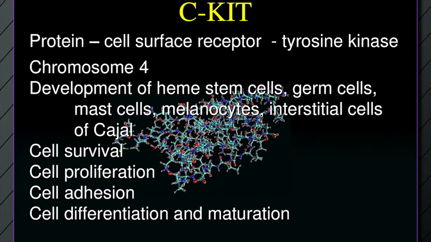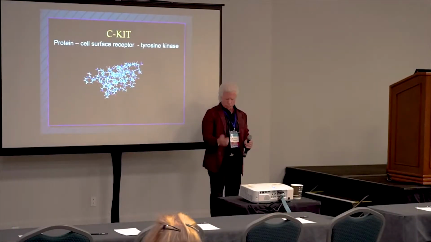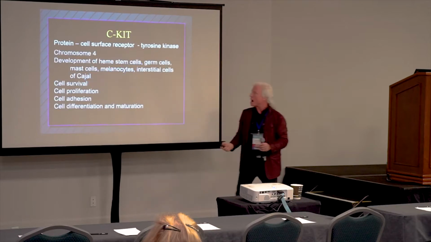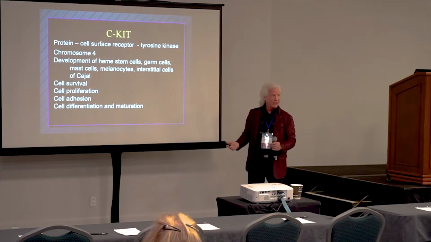So I just want to look at a couple of mutations in slightly greater detail because they affect many of the patients who have GIST. As I said, c-KIT, the molecule, this is what it looks like if you were to try to draw a model of it.